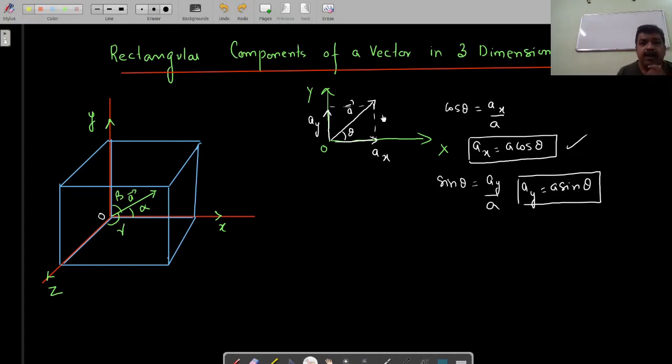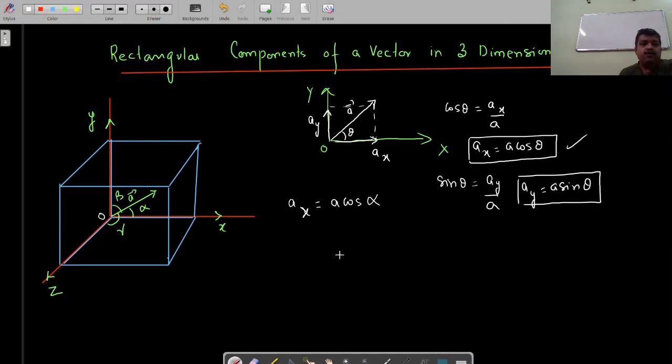Here in the 2D case, vector A was making an angle theta with the x-axis, and ax equal to a cos theta. By the same logic, if ax is the component along the x-axis, then ax equal to a cos theta, but here the angle made with the x-axis is alpha, so instead of theta we'll have alpha.